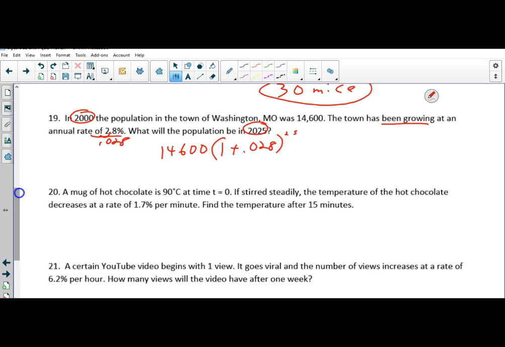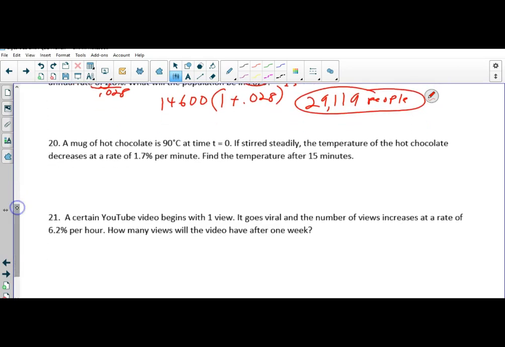That's a time period of 25 years. 1.028 raised to the power of 25 times 14,600 is 29,119.28. 29,119 people. Again, even if it was 0.99, it would still be 119 people.